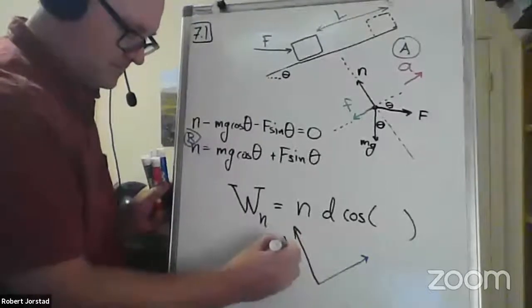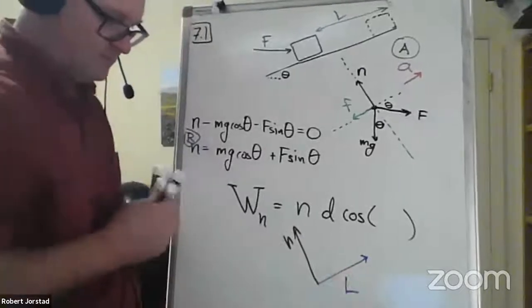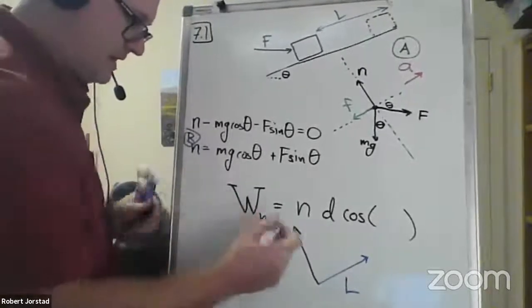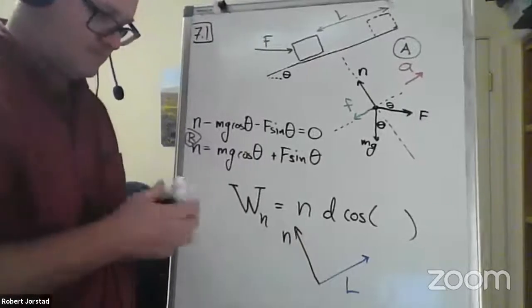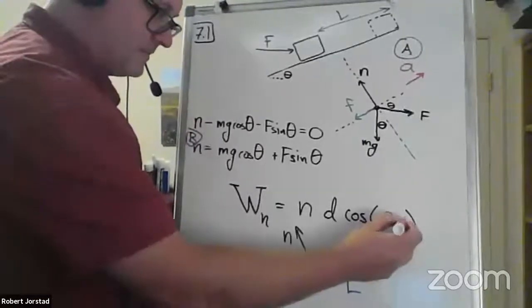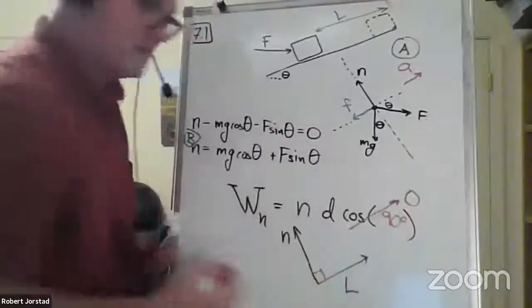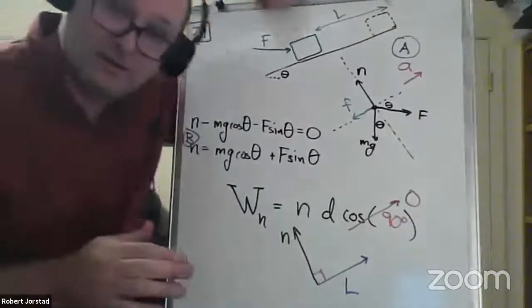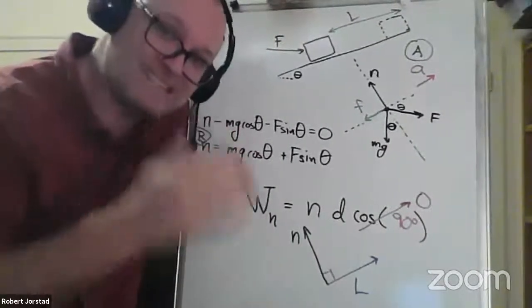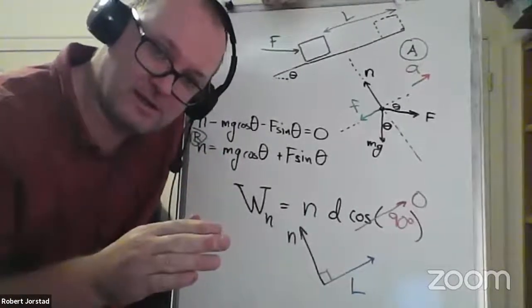Perpendicular. This is L, the distance I travel. What's the angle between? 90 degrees. What's cosine of 90? 0. All right. So this drops out and becomes a 0. So in general, forces perpendicular to displacement do no work.